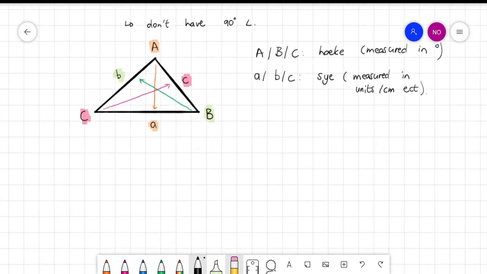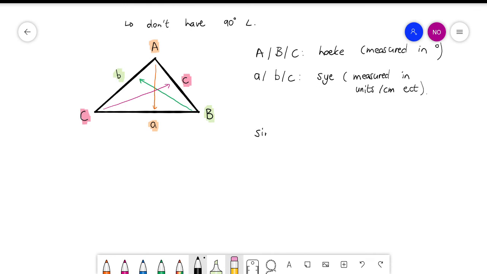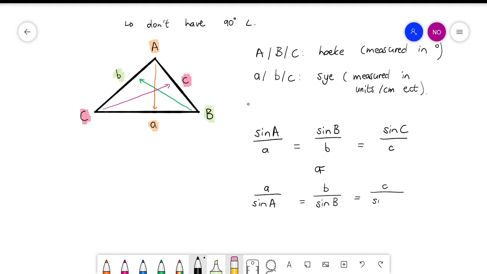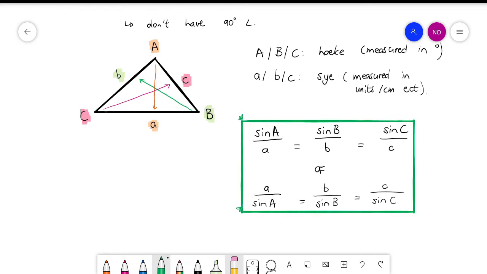Okay. Goed, en hier kom die reël. Goed. Moment.